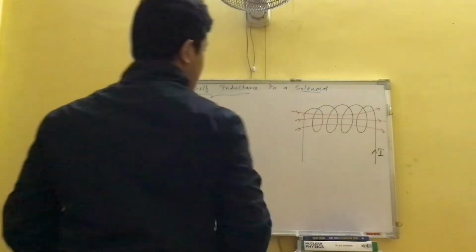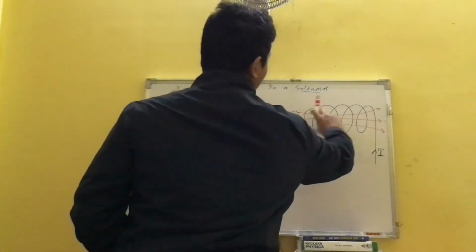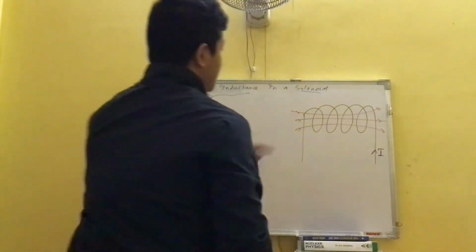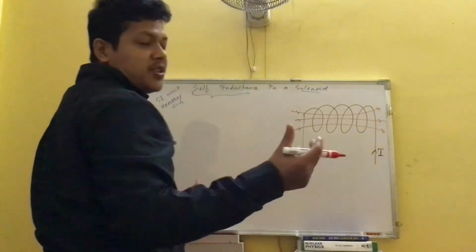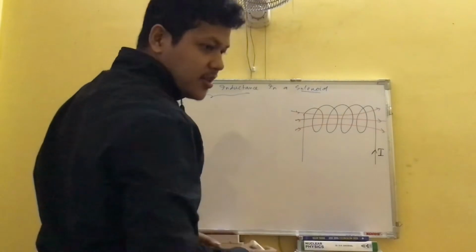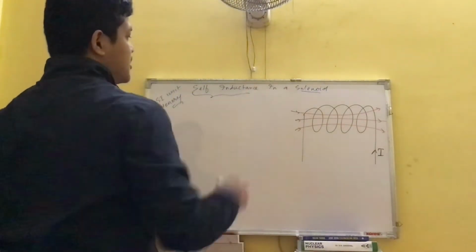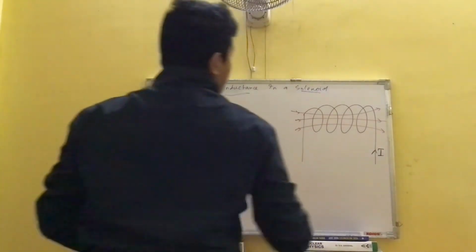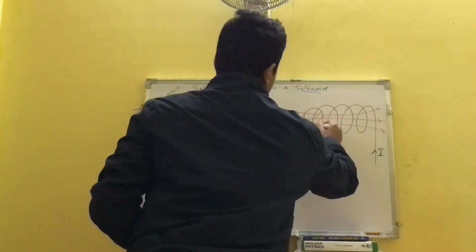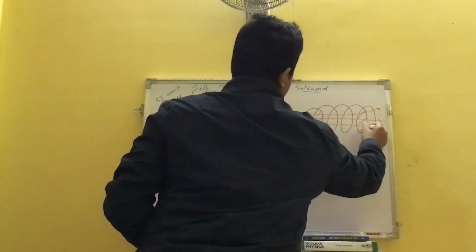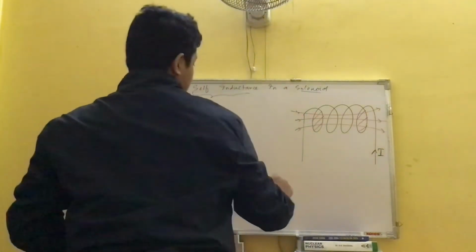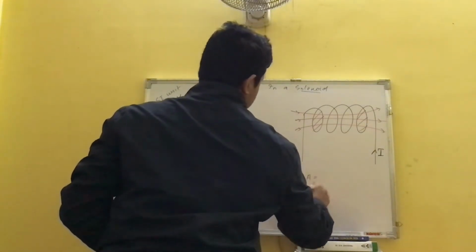Now let me consider the core of this solenoid, that means its interior part, to be air. And let A be its cross-sectional area.